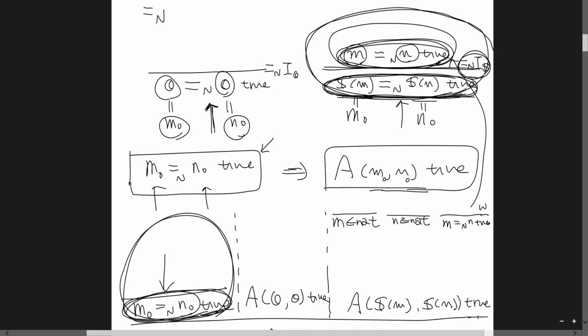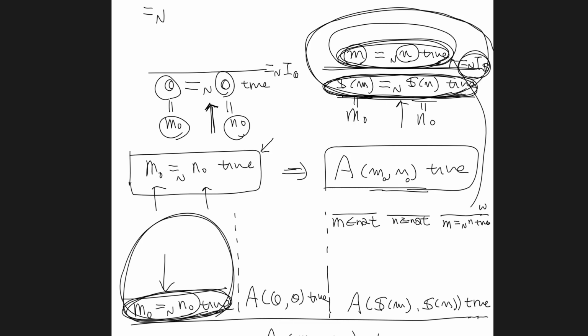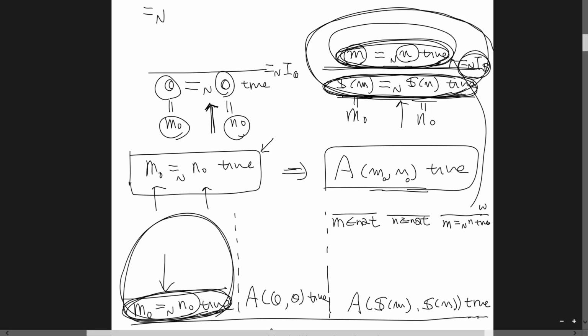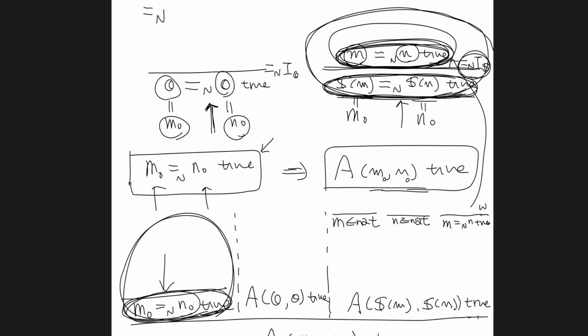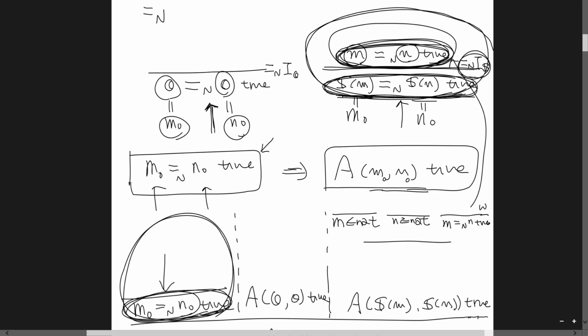So by applying the principle of natural mathematical induction, we may assume that this judgment also satisfies the property A. That's the whole idea behind mathematical induction. So the last hypothesis here is that this judgment also satisfies A. So you may assume that A of m, n is also true. And we can assign u as a new variable parameterized with both m and n.